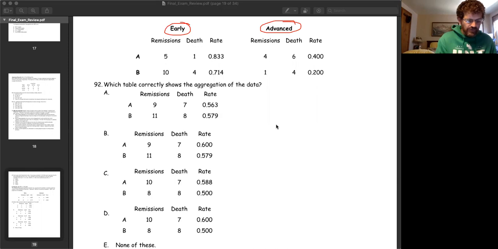We had treatment A being given and treatment B being given. And what we've got is remissions and deaths. So we've got a 2-way table that we're looking at with this, but which table correctly shows the aggregation of the data? So we're going to combine this together. So I know that now it doesn't matter if it's early or advanced.